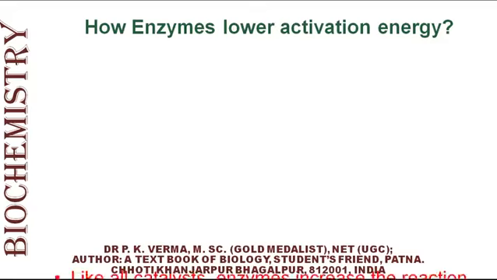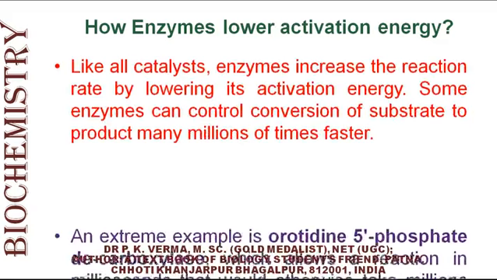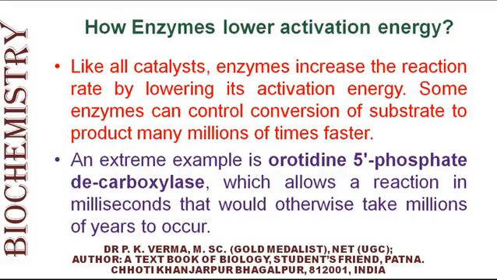Now, like other catalysts, enzymes increase the rate of reaction by lowering its activation energy. Some enzymes can speed up conversion of substrate to product many millions of times. There is an extreme example of orotidine 5'-phosphate decarboxylase.